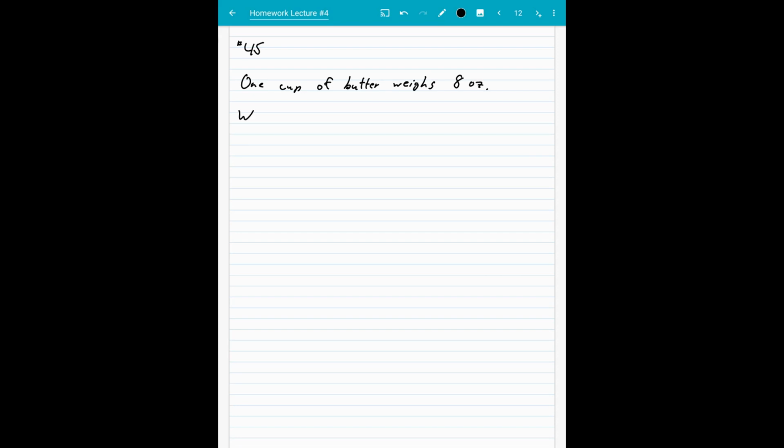What is the weight in grams? They bolded. Of 2 tablespoons of butter.